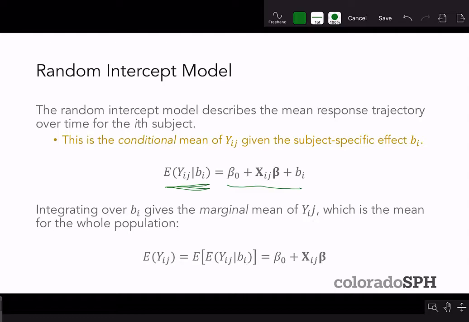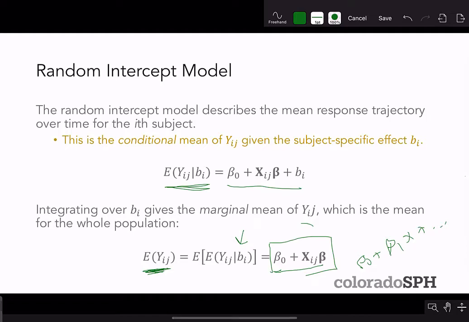However, if you want the marginal mean or the population level mean for the outcome, you can take the expectation of that expected value, which is equivalent to integrating out the subject-specific intercepts bi, and that gives you a mean for the population, which is what you normally see from regular linear regression, which is just going to be beta 0 plus beta 1 x1 plus all the other x beta terms.